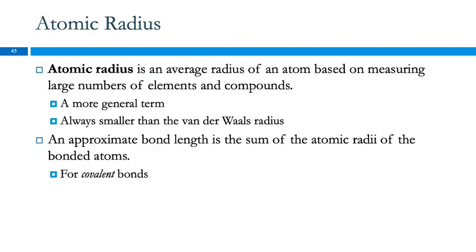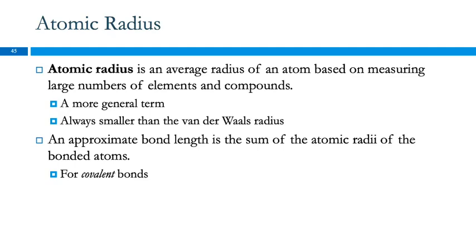So there's lots of different ways to measure the atomic radius, and so what we're going to look at is, we're just going to call it atomic radius, and that's an average based on lots of different types of measurements in lots of different elements and compounds. Because the radius that you get for bromine bonded with bromine is different than what you would see for bromine bonded with hydrogen.